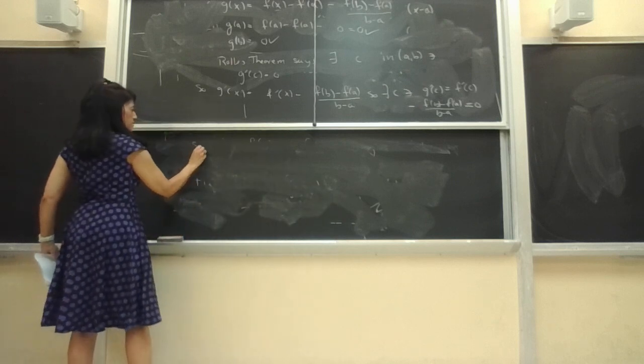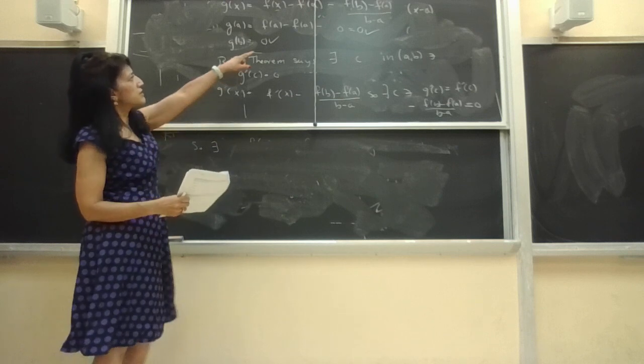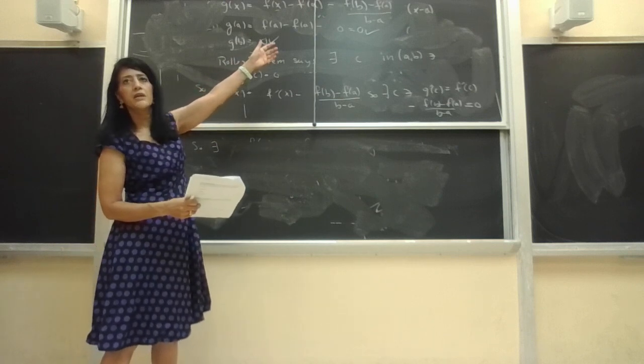How do you figure that g prime of x is f prime of x minus all that business? Constant rule. Oh, that's a constant, right?